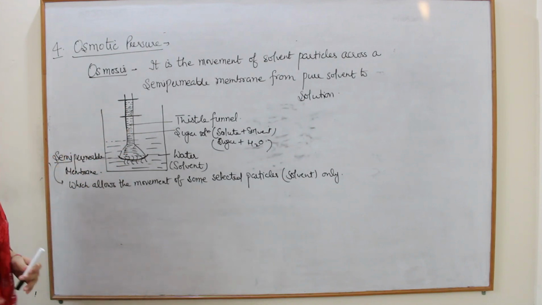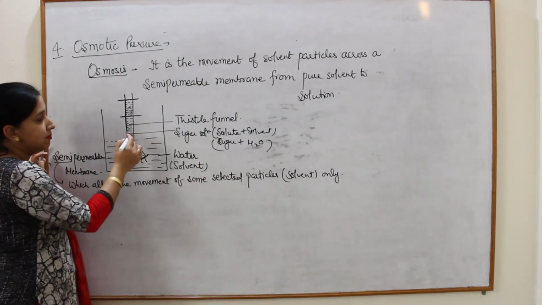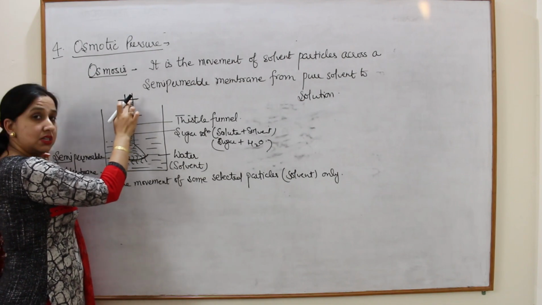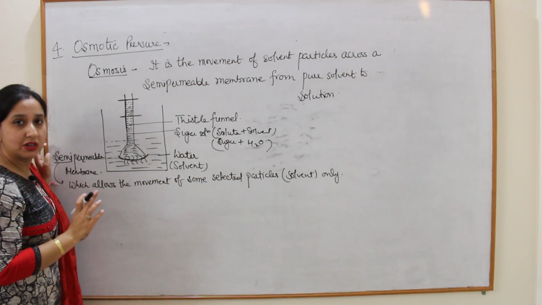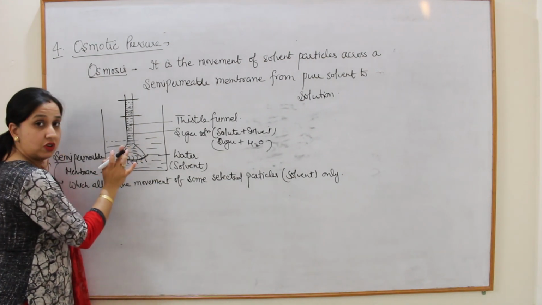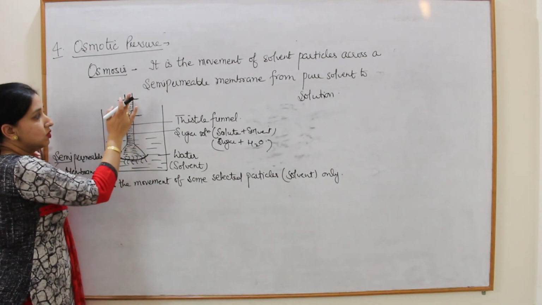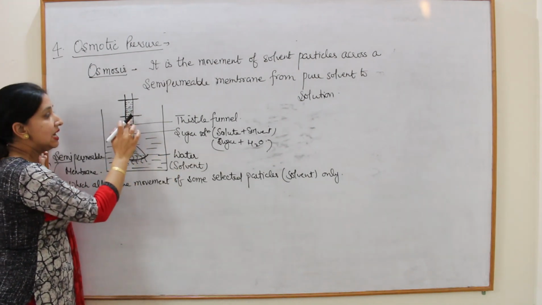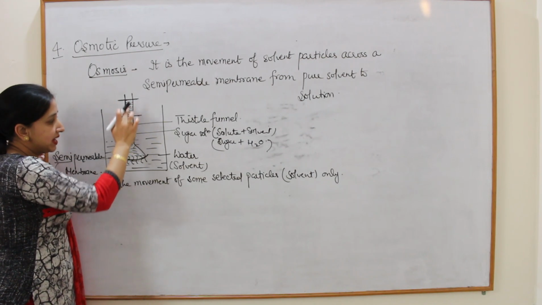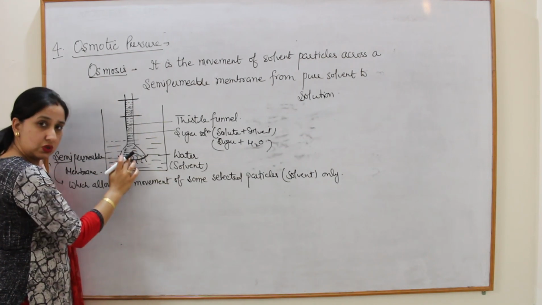It is because of the hydrostatic pressure which will be exerted on the solution. Hydrostatic pressure, hydro means water. As the level of water in this funnel goes on increasing, this water will exert some pressure on this solution.